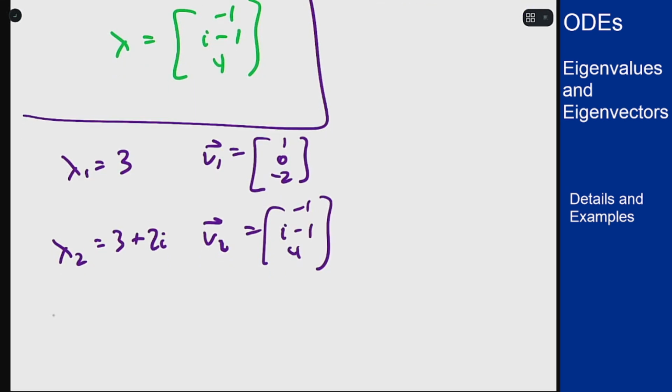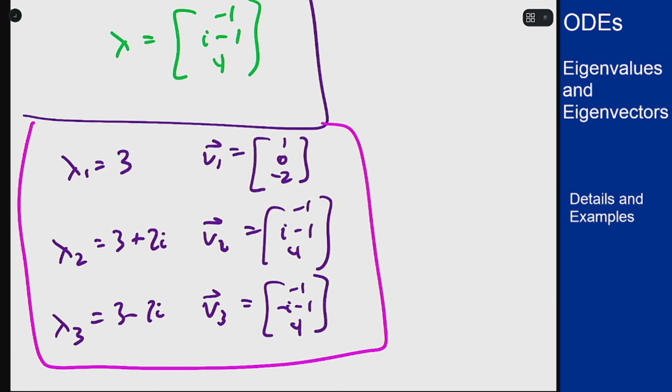And we have our second complex eigenvalue 3 minus 2i, whose eigenvector will be the conjugate of the one for v2, so negative 1, negative i minus 1, and 4, because the conjugate means to make the imaginary parts negative. So there is your set of eigenvalues and eigenvectors for this matrix A. We saw that we had a matrix that had one real eigenvalue and then a pair of complex eigenvalues, and this led us to this method here to find these eigenvalues and eigenvectors for this matrix.